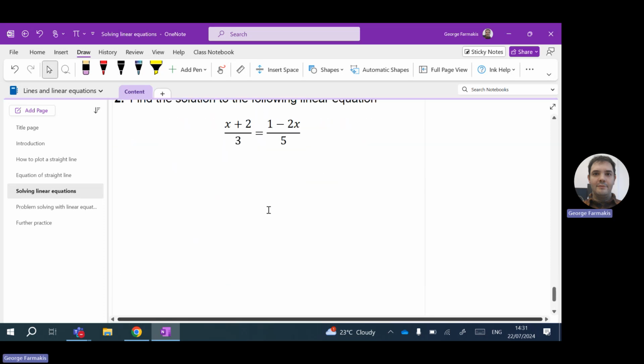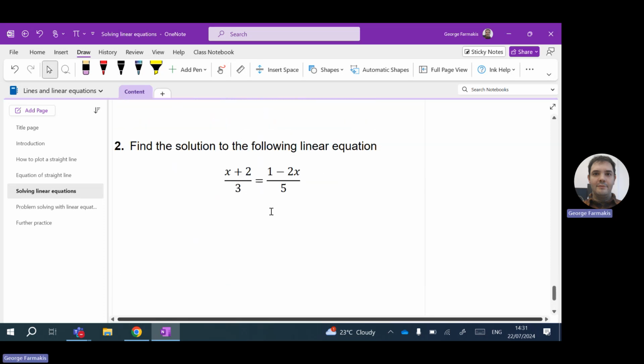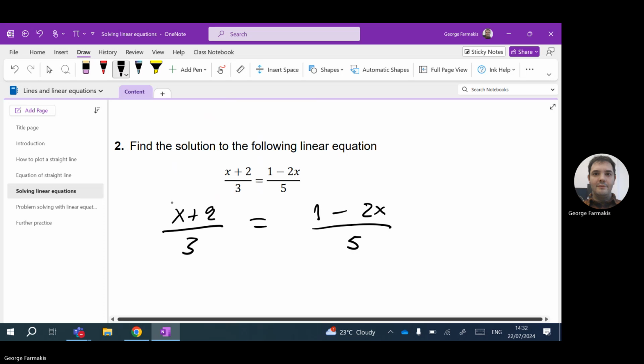Let's do this example. This looks a little bit more complicated. So we have (x plus 2) divided by 3 equals (1 minus 2x) divided by 5. In this case, we first need to get rid of the denominators. Notice that x plus 2 is one thing on the numerator, 1 minus 2x is one thing on this numerator.